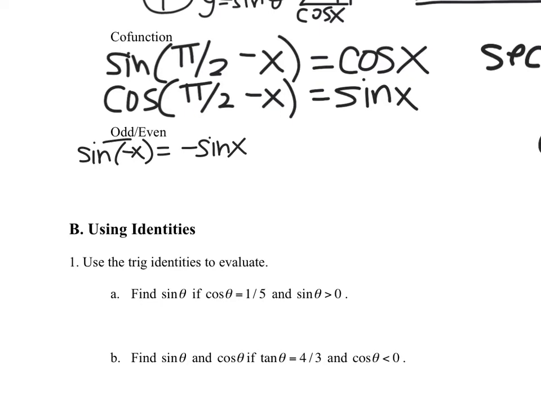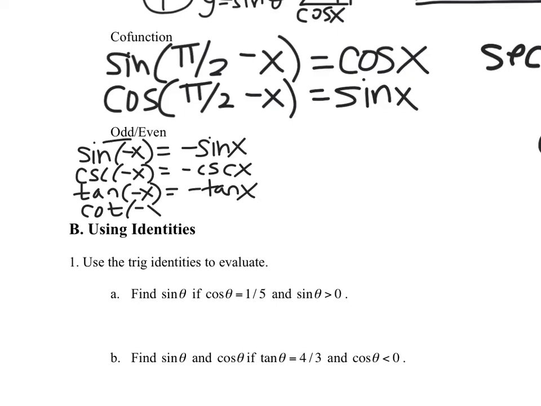Same thing with cosecant of negative x is equal to negative cosecant of x, bless you. And then tangent, same thing. Tangent of negative x becomes the opposite of tangent x, and cotangent. So all 4 of those work the same.